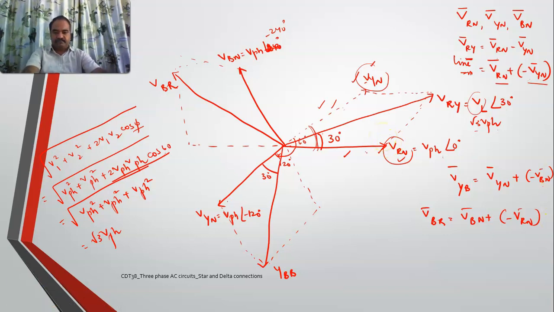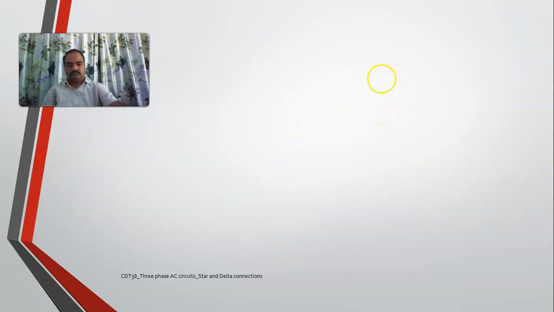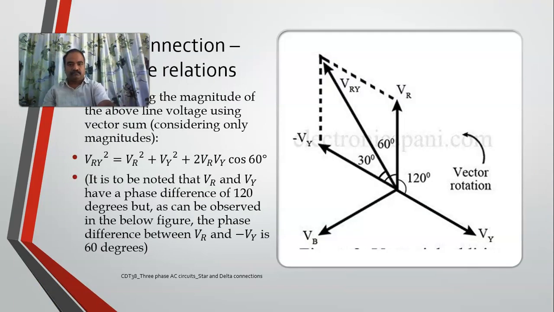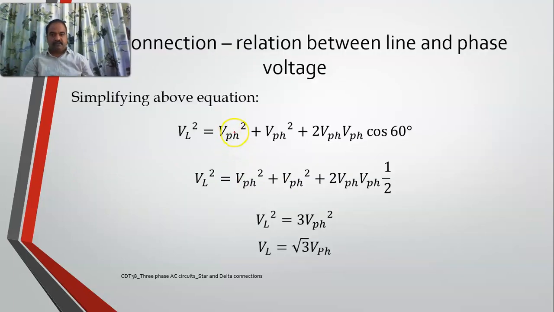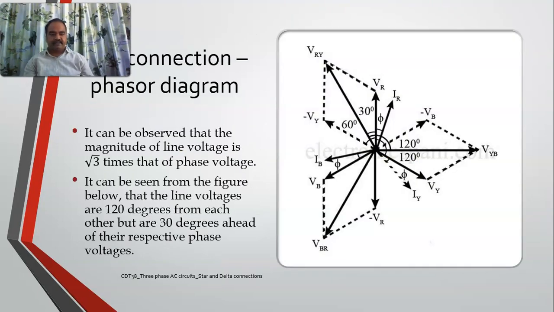Now see here, the voltage relations. As already said, to find the magnitude, we should go with the parallelogram law. This is the way we simplify things. This is what I have done so far. You can see it in the PPT, but let me explain it. Let me draw this figure once again clearly for you.